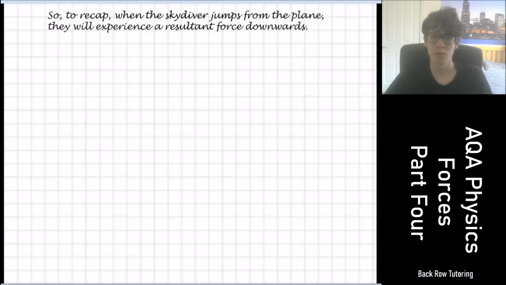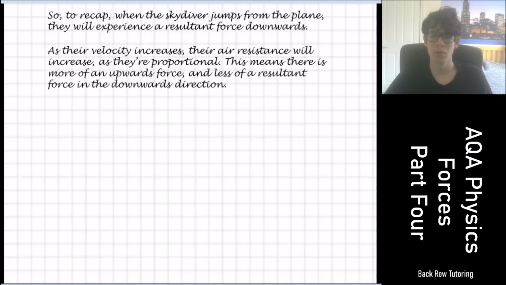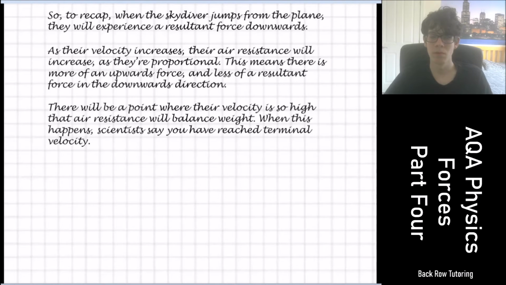So, to recap, when the skydiver jumps from the plane, they will experience a resultant force downwards. As their velocity increases, their air resistance will increase as they're proportional. This means there is more of an upwards force and less of a resultant force in the downwards direction. There will be a point where the velocity is so high that air resistance will balance weight.